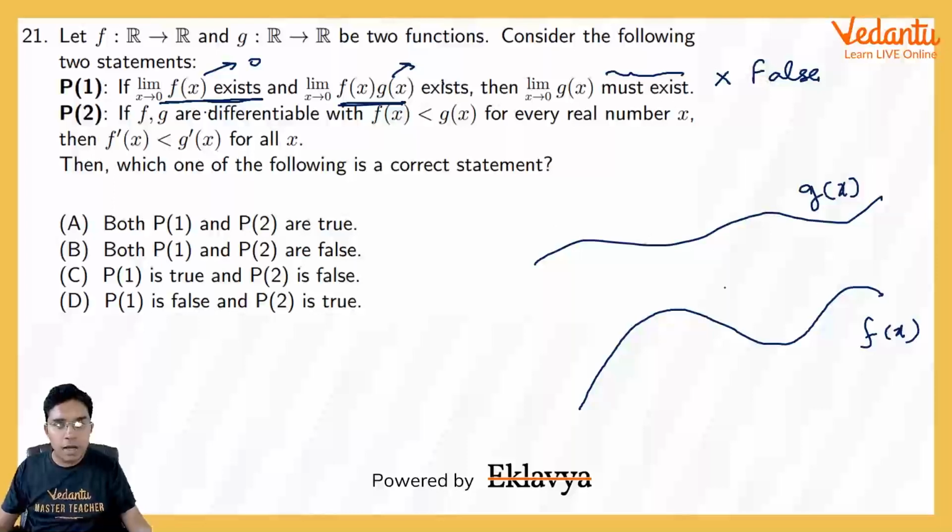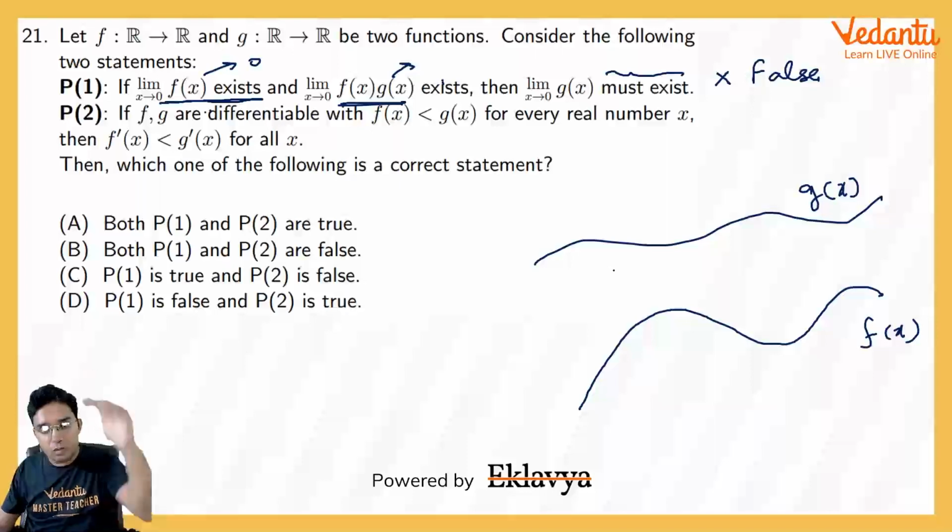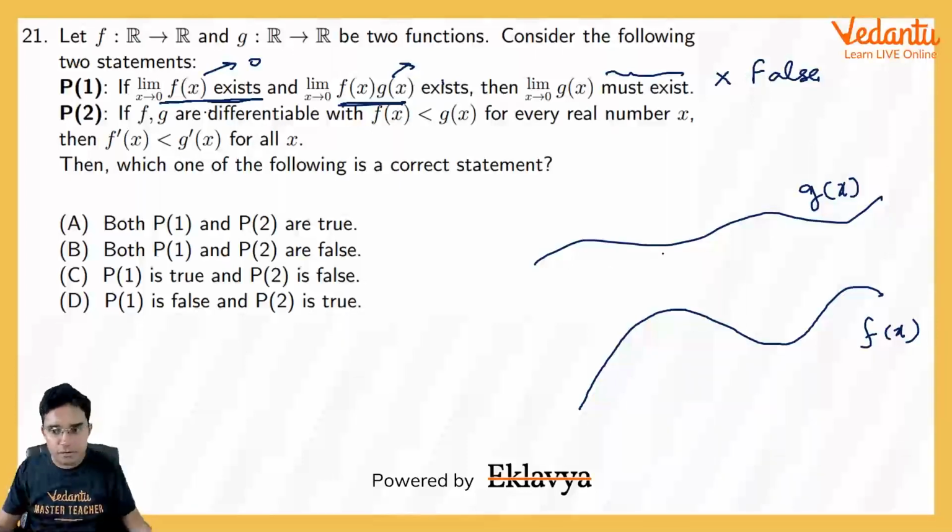Now g(x) is relatively consistent. Consistent means it is not having that rate of increase or rate of decrease, almost like a constant function, whereas f(x) is having a steep increase, steep decrease. Okay, but all the values of f(x) are lying well below g(x), so we are having this condition.